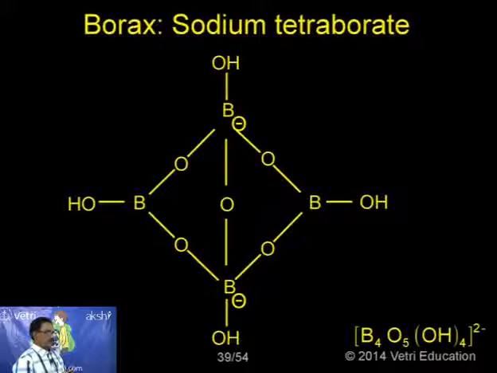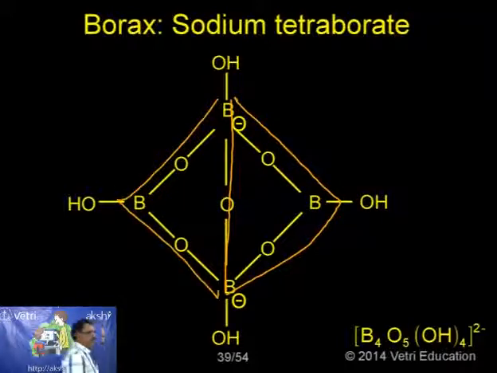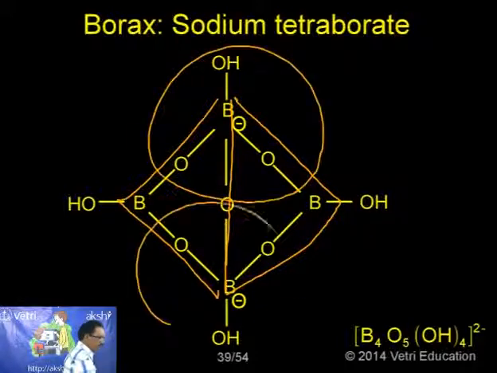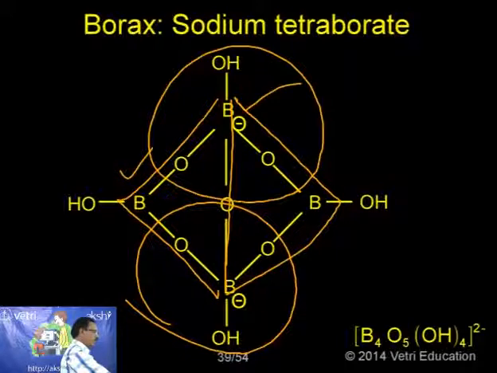[B4O5(OH)4] 2 minus. See here, these are the two triangles. Kindly look here: one triangle, and on this side another triangle. And see here, the top one is a tetrahedron and the bottom one is again a tetrahedron. So this boron belongs to this triangle, this boron to this triangle, whereas this boron is a tetrahedron, and this boron is again a tetrahedron.